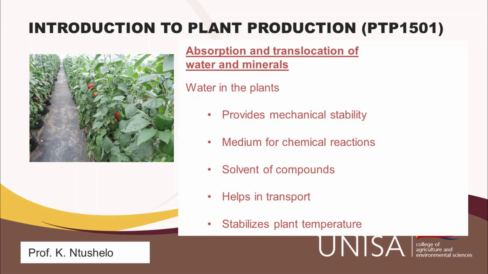Water serves as a solvent for compounds. That is, the compounds that are in the plant are dissolved in water as the medium. It helps in transport, that is the transport of minerals and photosynthates up and down the plant. It stabilizes plant temperature. That is, the plant relies on water for cooling.